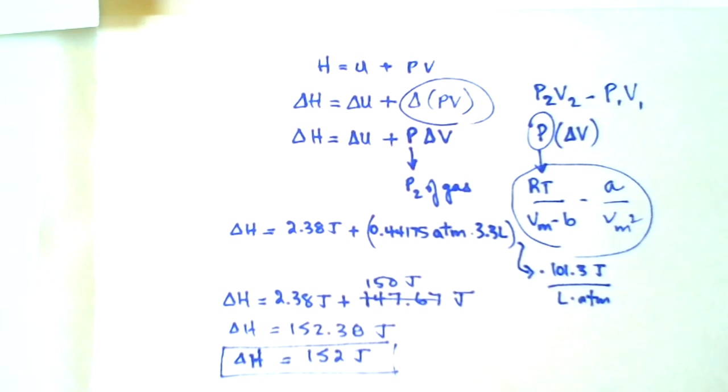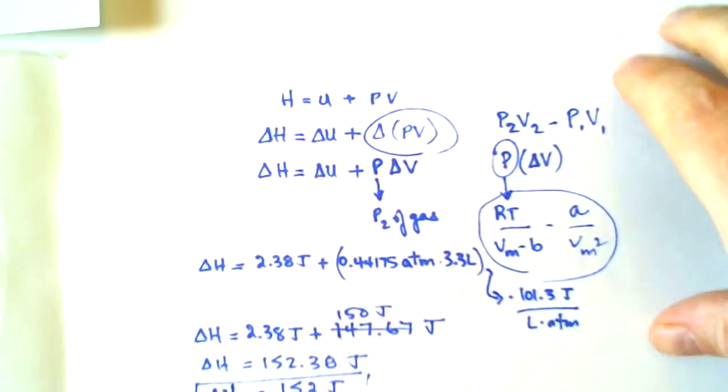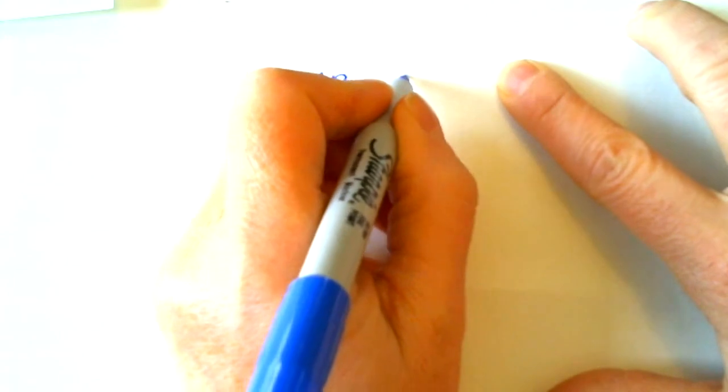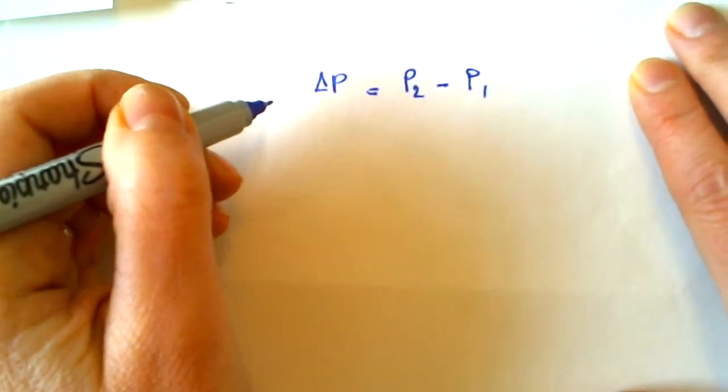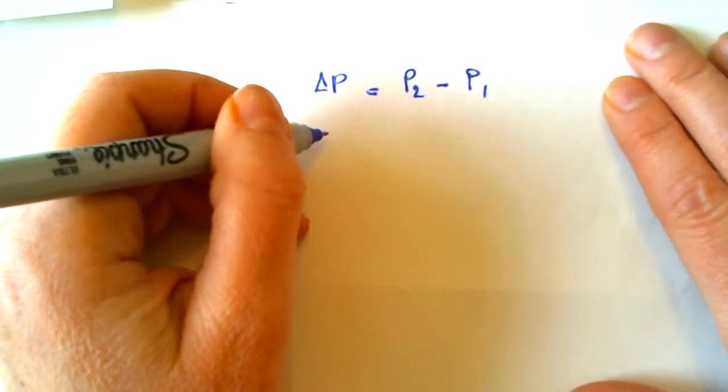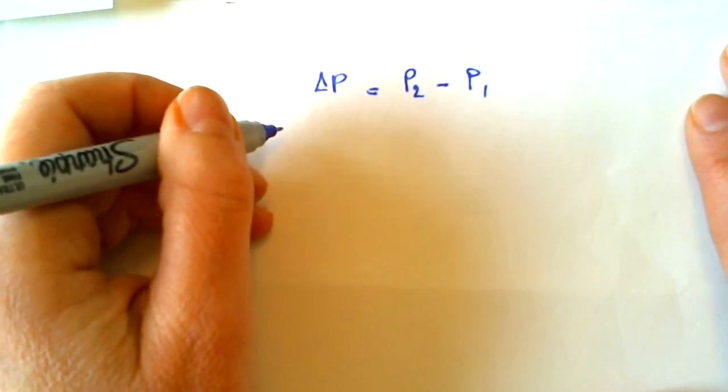But we don't know what P1 of the gas is. So, I'm losing my voice. Delta P is equal to P2 minus P1, and these are both van der Waals pressures.